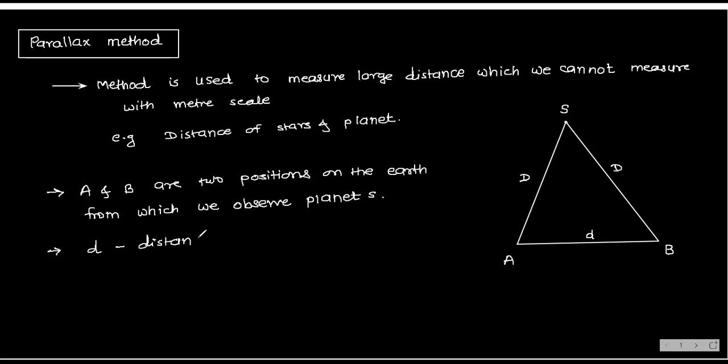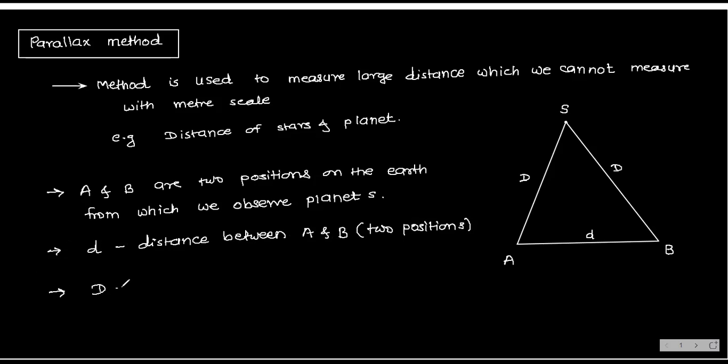Distance between A and B, that is, in brackets, the two positions from which we are observing. Distance between two positions.